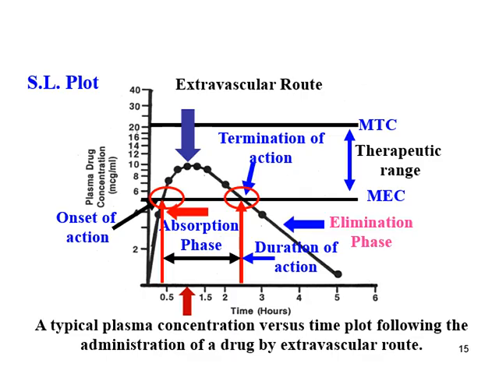And you will see the two horizontal lines here. One is called MTC, another is called MEC. And the concentration between the two is the therapeutic range. That means when the plasma drug concentration is in that range, we want that.